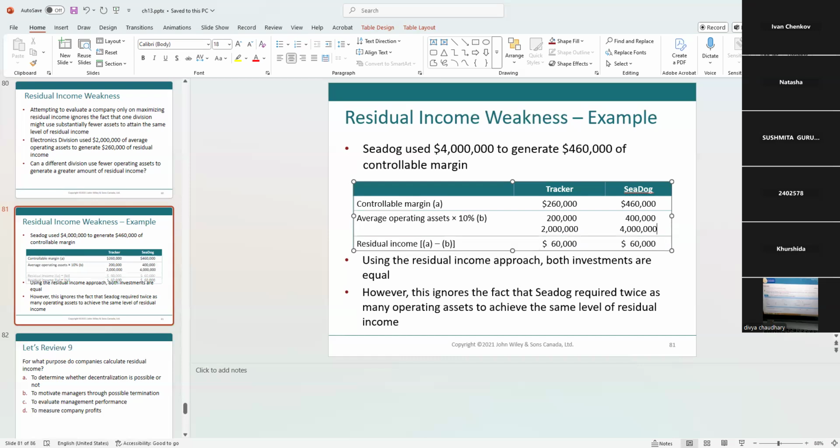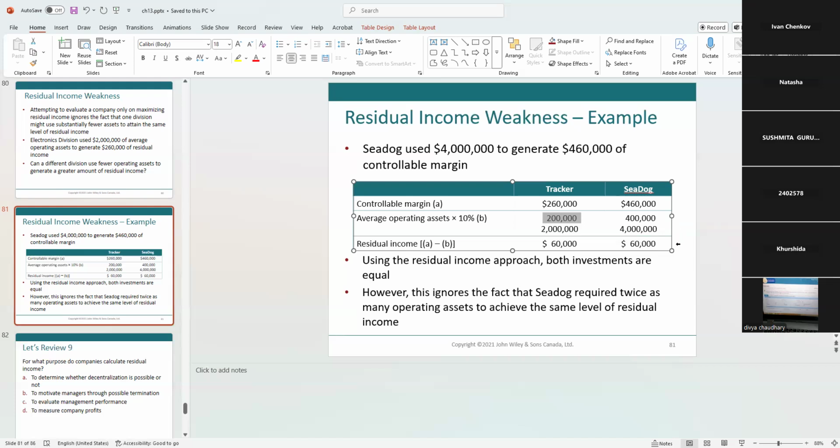Make sense? Yes, it does. We're getting just 200 because we have assets of 2 million times 10%, 200. So residual income in this case is 60,000. Here, the residual income is also 60,000. But the question is, which project is more profitable now?